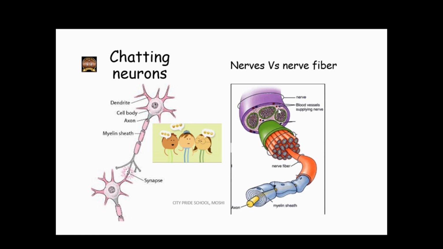As you can see, the purple bundle receives blood supply also, because these neurons are actual living cells which require nutrients as well as oxygen like any other cell of the body. So the largest bundle is the nerve, that is, the purple bundle is what we call a nerve, which is nothing but bundled up nerve fibers or axons, elongated axons of neurons.